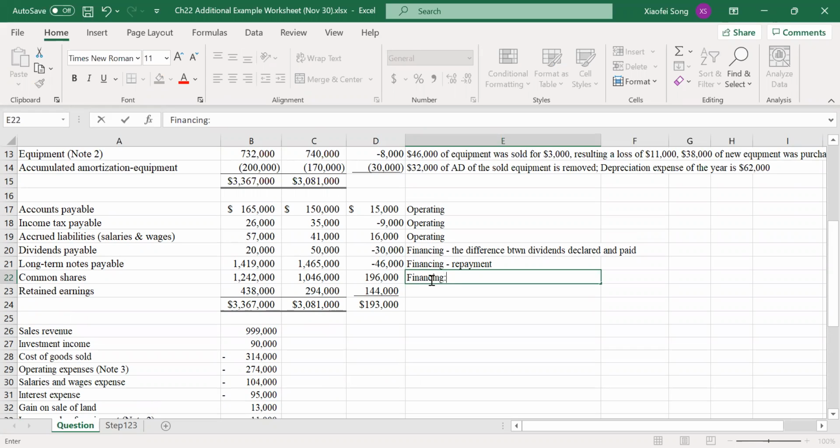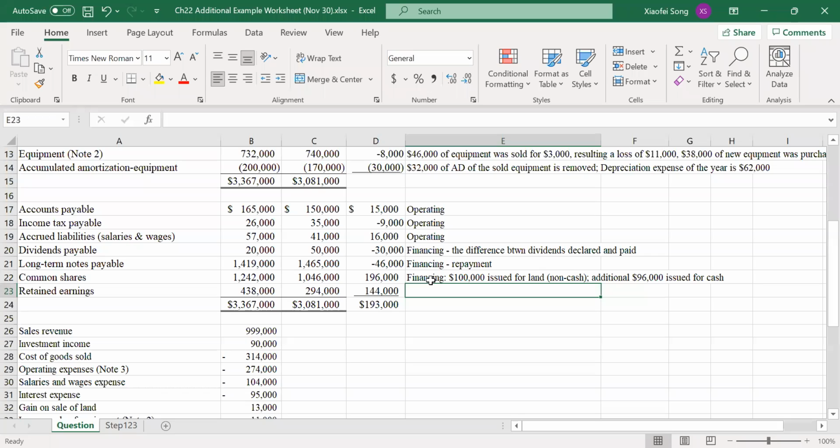And there are two parts of that. 100,000 issued for land, so this is a non-cash transaction, okay? And there will be an additional 96,000 worth of shares issued for cash. If it's not, we would have been told, right?